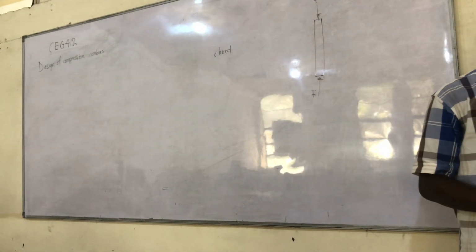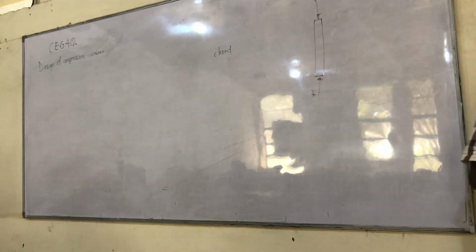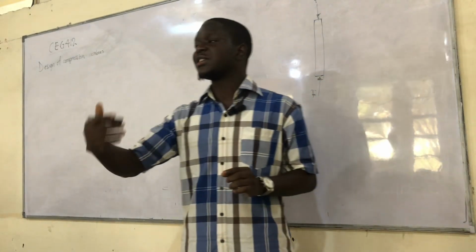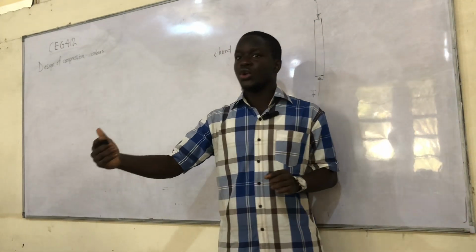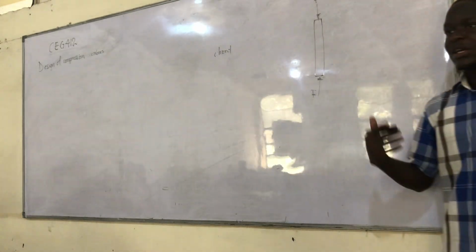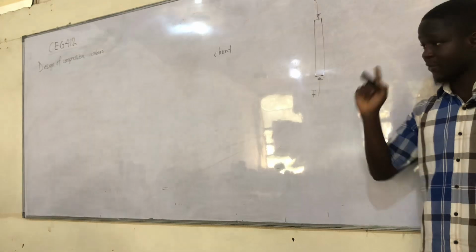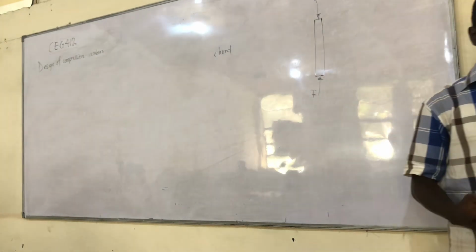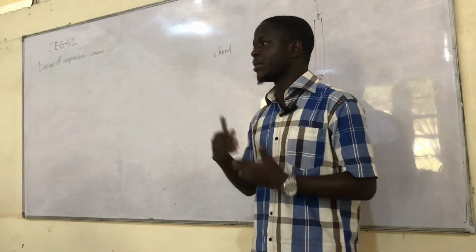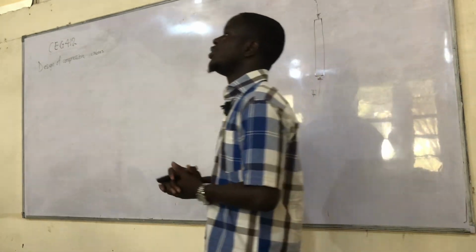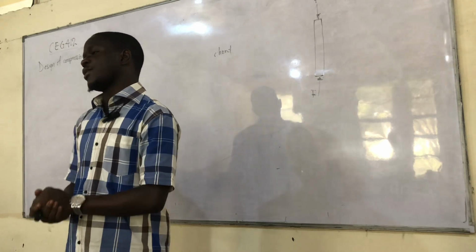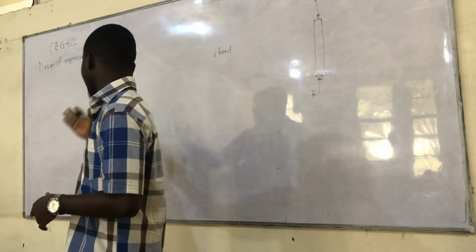So these compression members, like I said, the design is divided into two. You have design of axially loaded members, that's the first one. Then the second one is members subjected to axial load and bending. So we have two subtopics under this design.